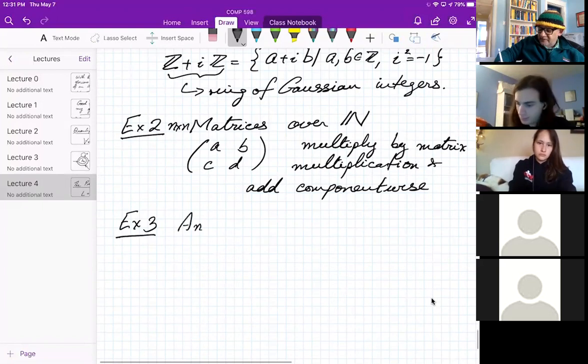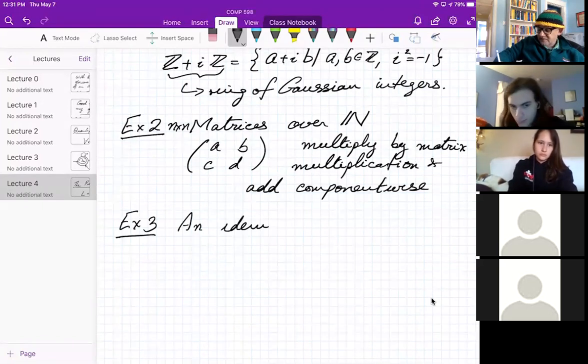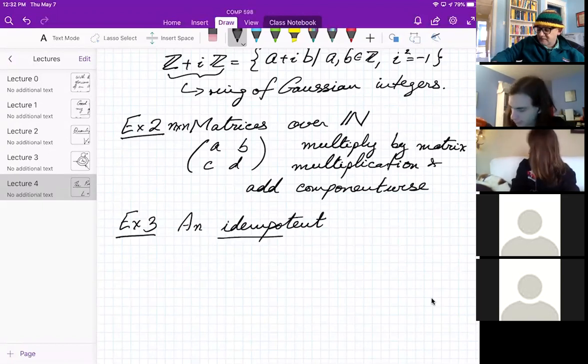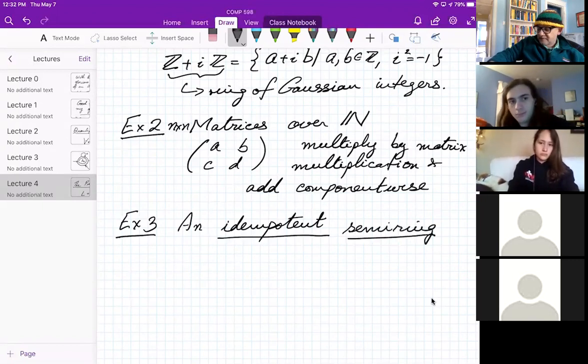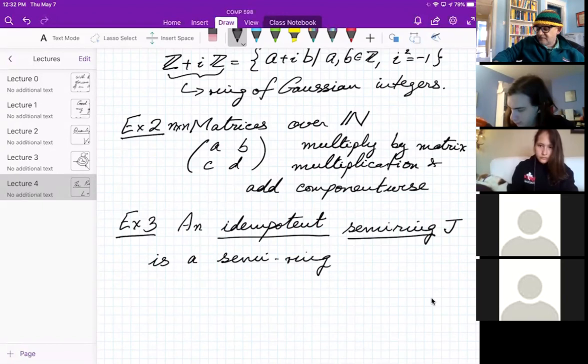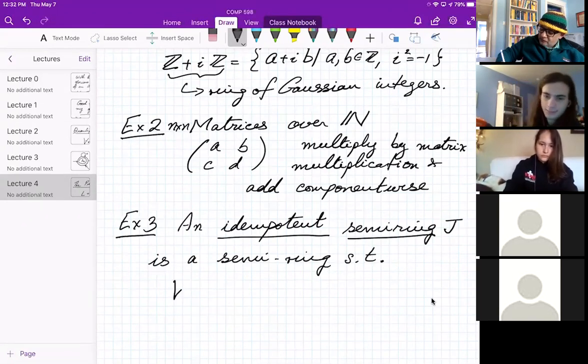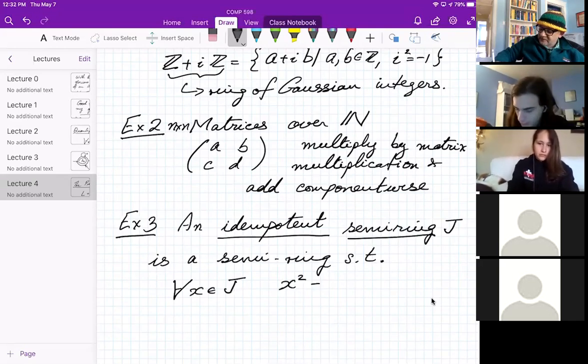So a bit more algebra. An idempotent semiring. Let's say J is a semiring such that for all x in the semiring, x squared equals x.